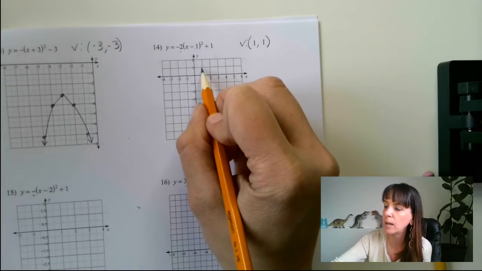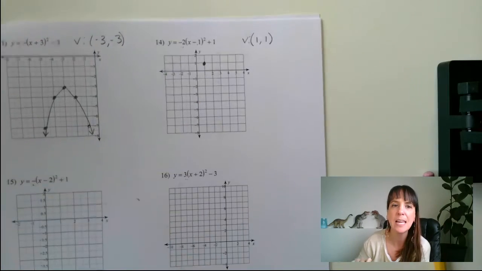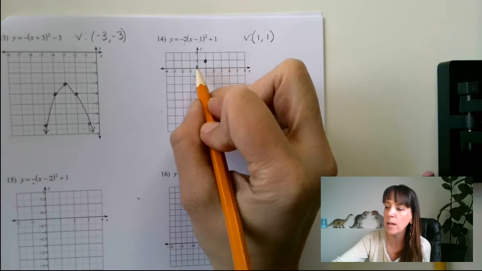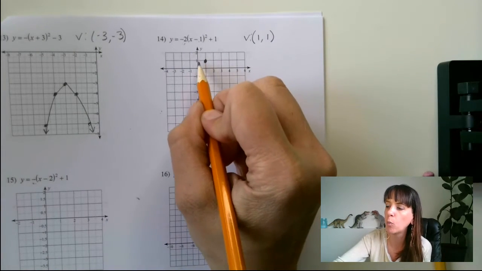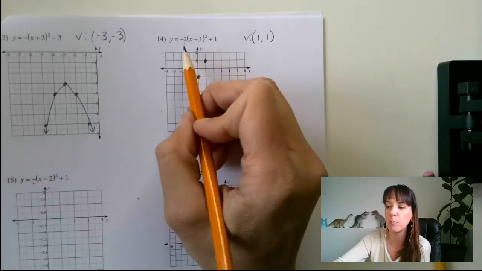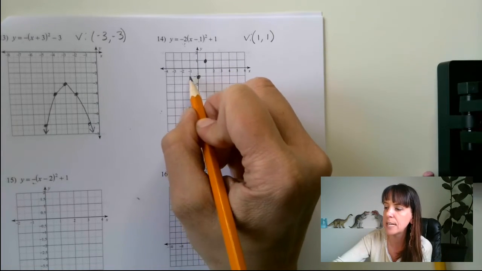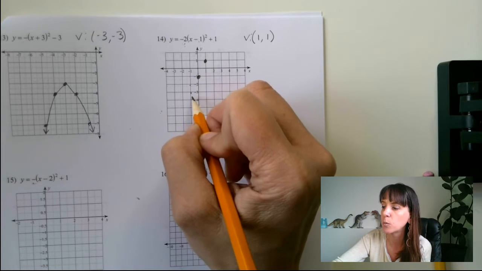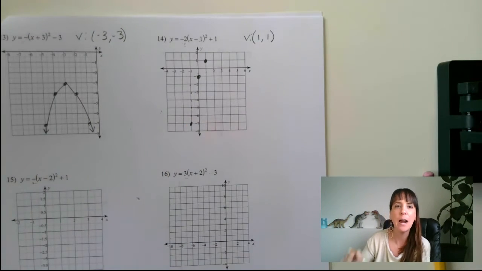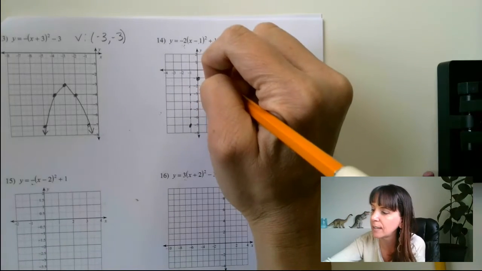So we go over 1, up 1. There's our vertex. Now, normally we go over 1, down 1, but we're multiplying that by 2. So we're going to go over 1, down 2. And normally we go over 1, down 3, but we have to multiply that by 2. So it's going to be over 1, down 6. 1, 2, 3, 4, 5, 6. Bam, just like that.